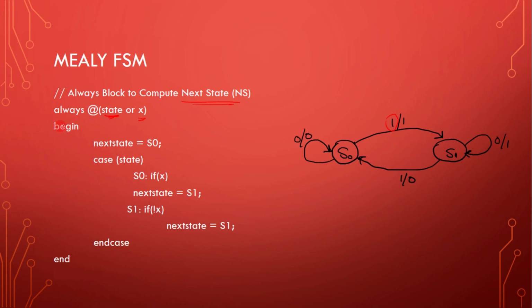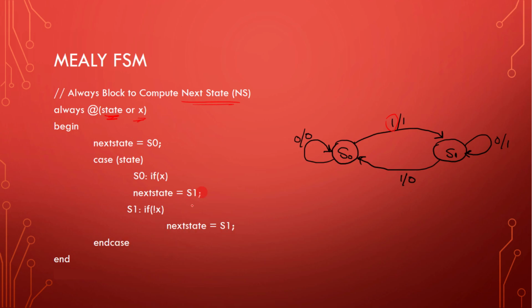Once it has executed all the statements in it, it will again wait for change in state or the change in input. It is always in the wait state for change in its sensitivity list. So the next time when you have change in input, this S1 will be executed, and in this case if you have input 0, your next state will be S1.